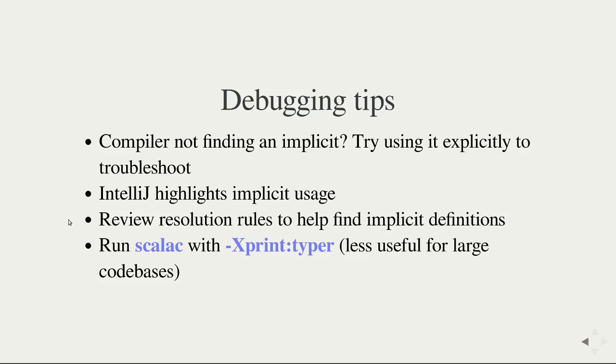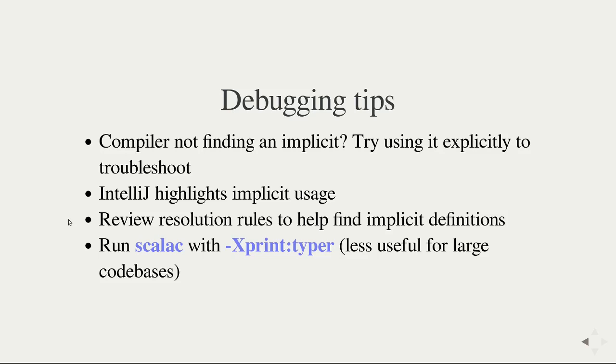Your third step is to review the resolution rules and go through them manually, look at what's being imported, and see if there's something there, see if there's something on a companion object that is available or should be being used, or if you're wondering what is being used, you go look there and see what the sources are. Look at the parent classes. As a little side note, I don't use an IDE, and so I do sometimes have to do my implicit resolution manually.